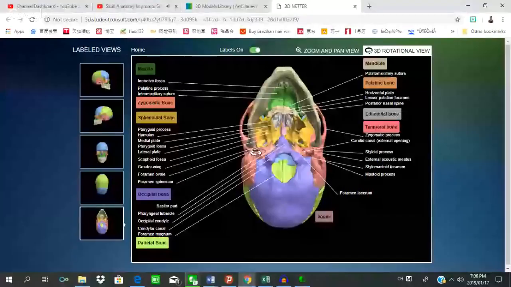You have the hamulus, the medial plate, the pterygoid fossa, the lateral plate. Then you have what is known as the scaphoid fossa, the greater wing, foramen ovale, foramen spinosum.